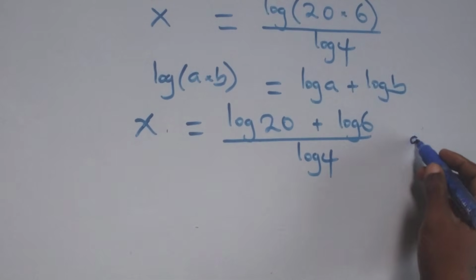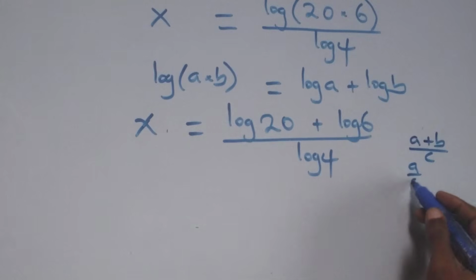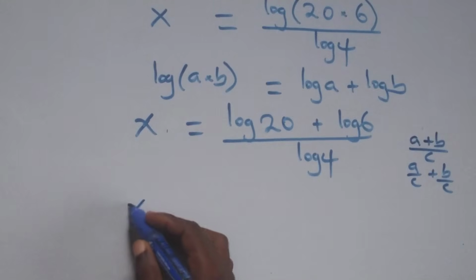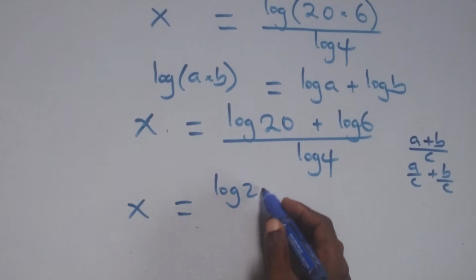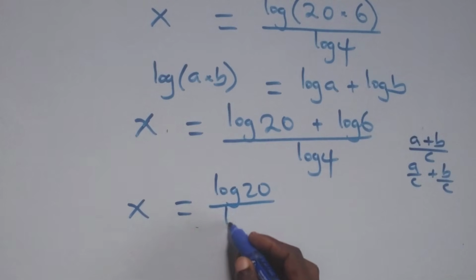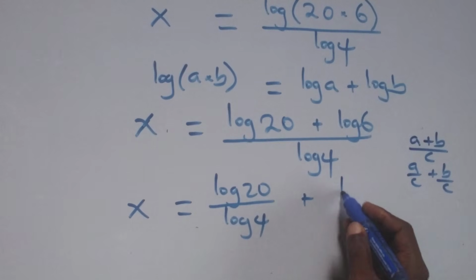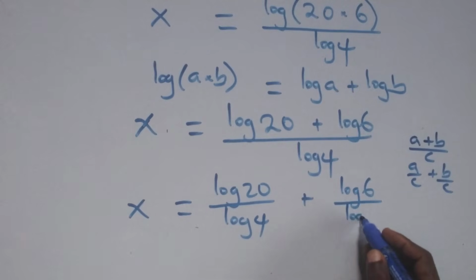Then when we have a plus b over c, this is a over c plus b over c. This we have x equals log 20 over log 4 plus log 6 over log 4.